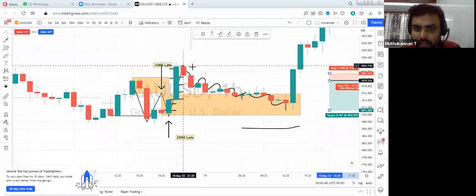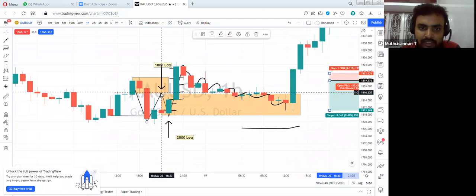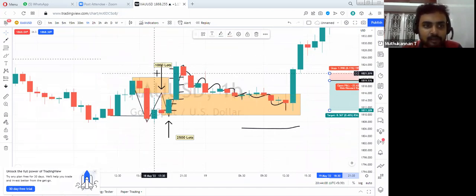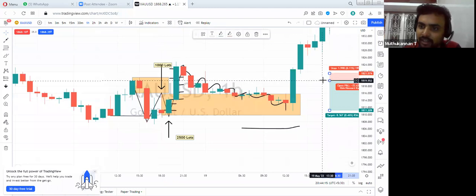So when they sold in this candle, again price came below and they closed this position, which means their target is achieved or their stop loss is achieved. So when they close 1,000 lots, the 1,000 lot sell order becomes a 1,000 lot buy order, right? So I sold 1,000 lots in this area and I closed my 1,000 lot order, which means I am buying, correct?